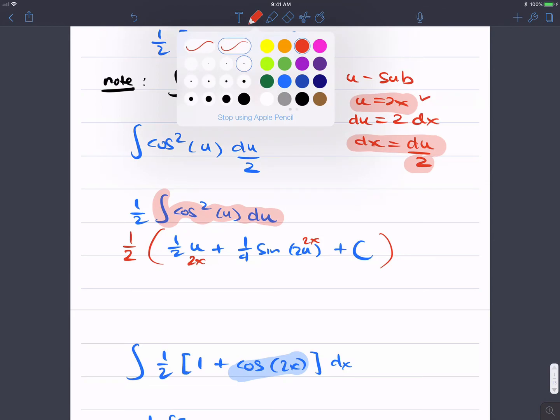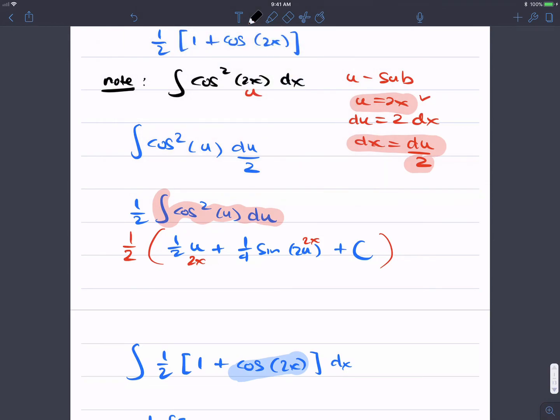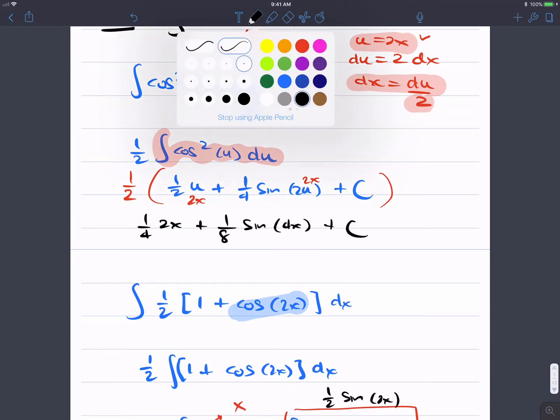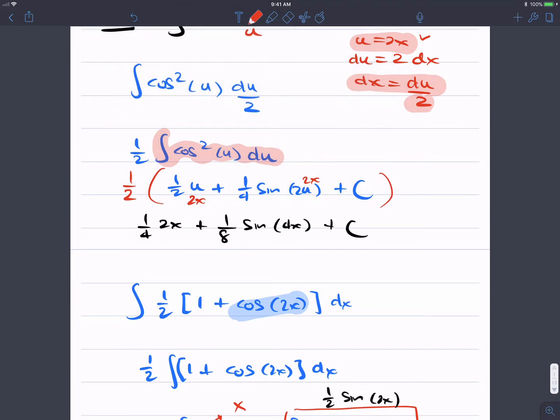So as a final answer for a u sub version of this, I'll put it in black. Looks like it's going to be 1/4 2x plus 1/8 sine 4x plus c, because you had to distribute here 1/2 to these terms here.